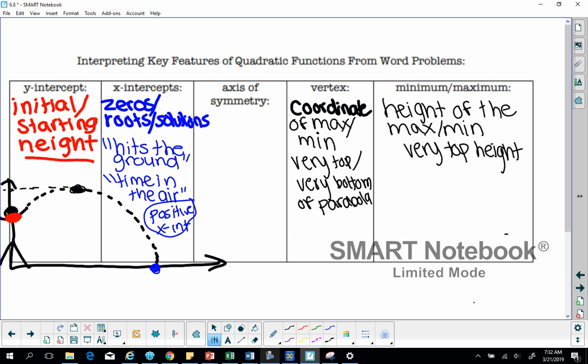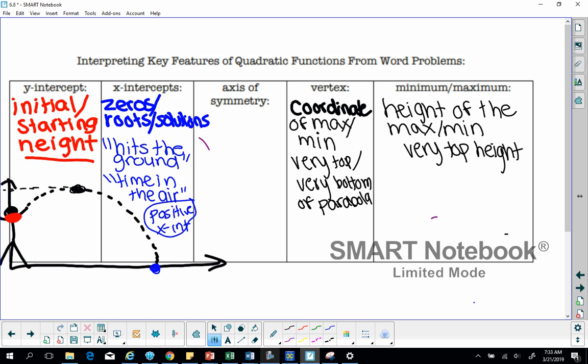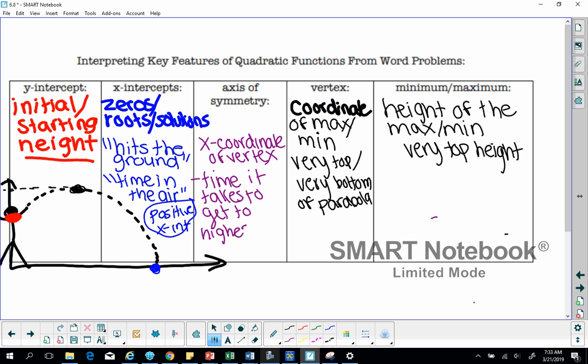Last is your axis of symmetry. It's your x-coordinate of your vertex. But in word problems, it's referred to as the time it takes to get to the highest point. So if they're referring to your axis of symmetry, they're referring to this right here.